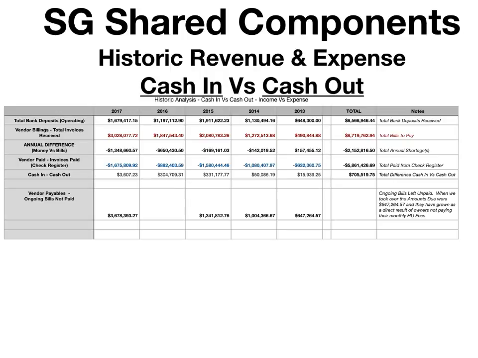That's the total put into the bank. The invoices were $3,028,077.72. So this left us a difference of $1,348,660.50. Or basically, we were $1,675,809.92 short of paying our bills.